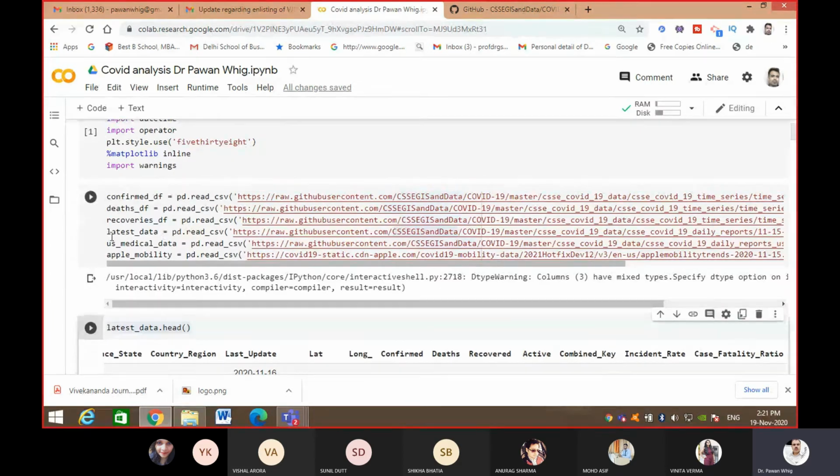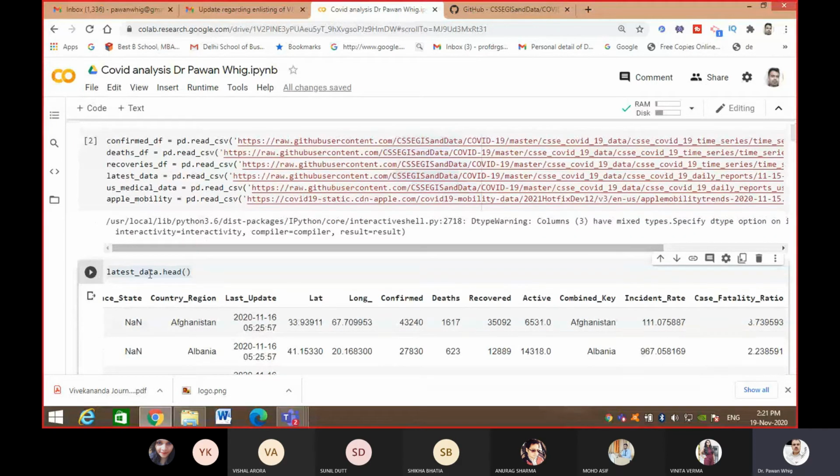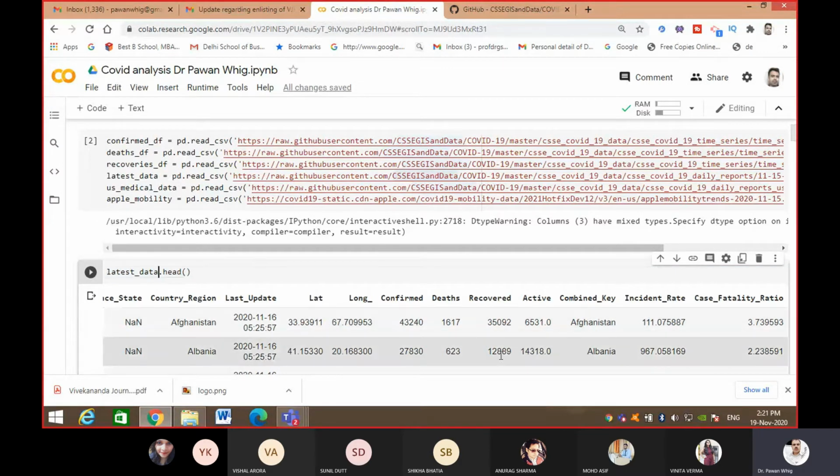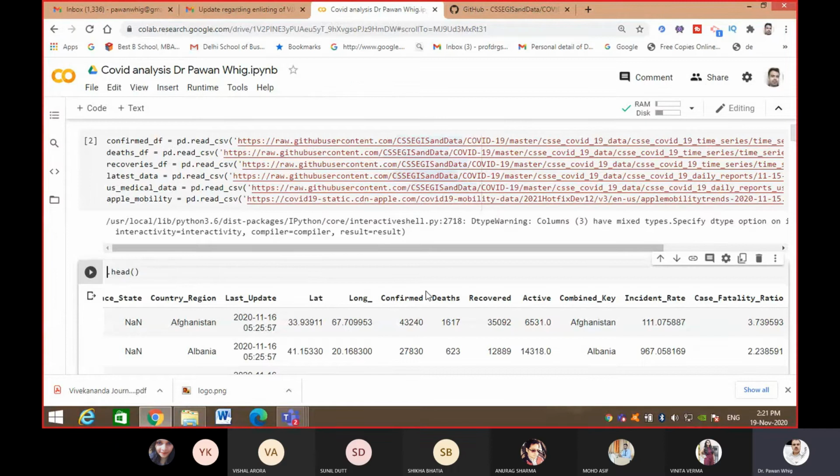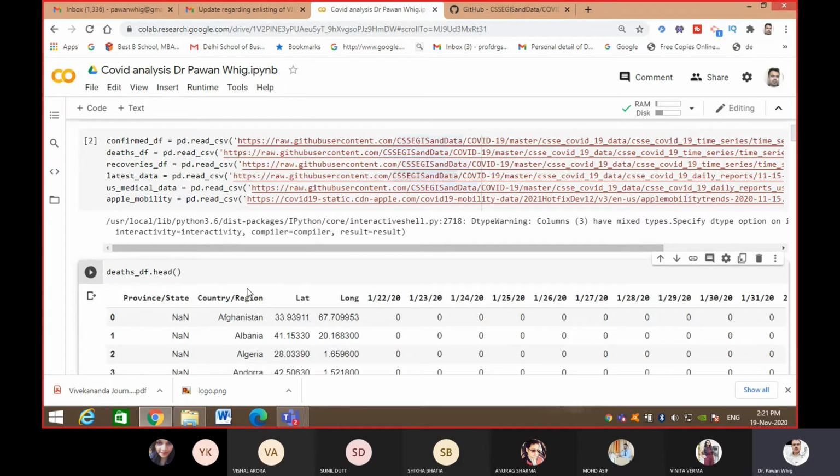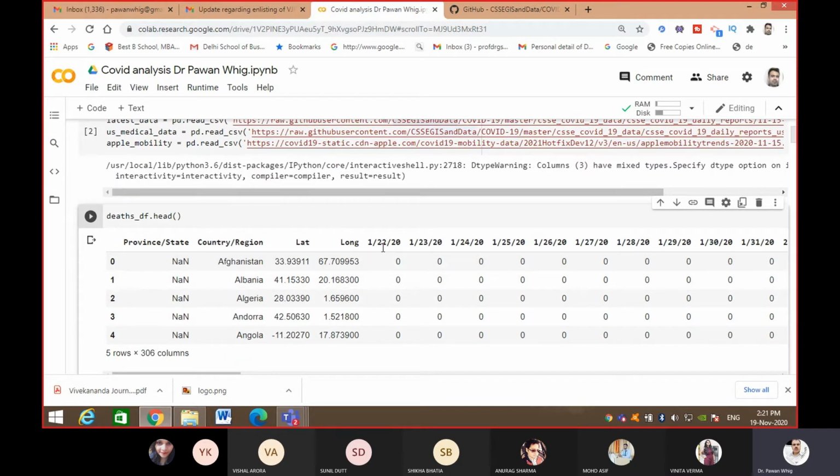Similarly, if you want to see deaths, you can just write deaths DF here. You may have the deaths data with you. So once I run this, now you have the deaths DF record since 21st January 2020.